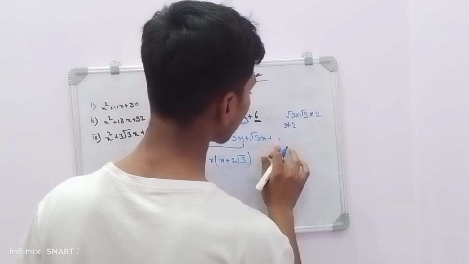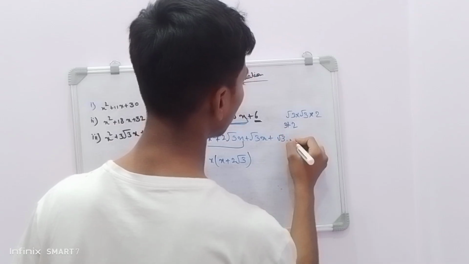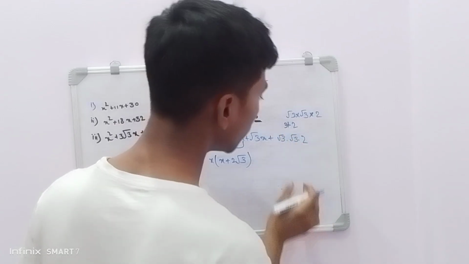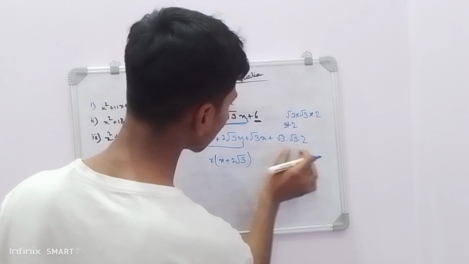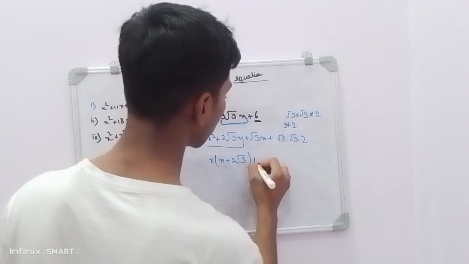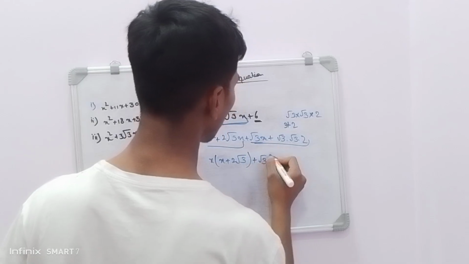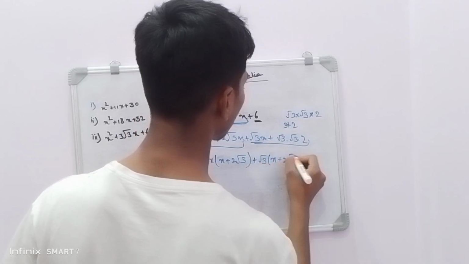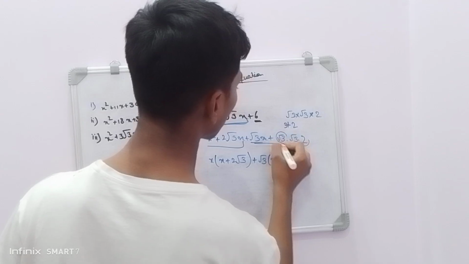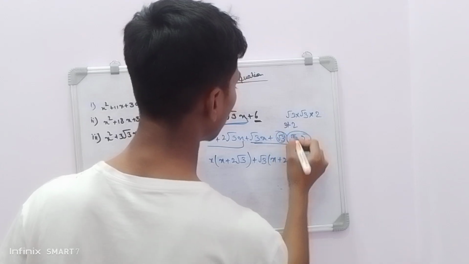So you could write the 6 here as root 3 into root 3 into 2, because it is also 6. In this what are you getting as the common? As you are getting, root 3 is the common in both. So root 3 as a common, then we have here x plus 2 root 3.